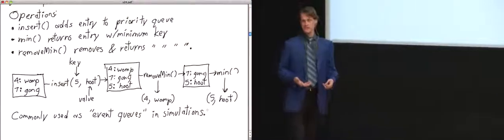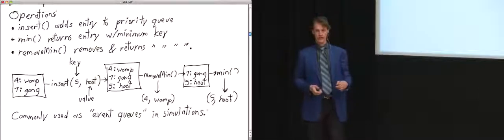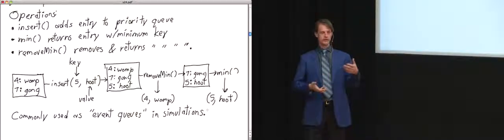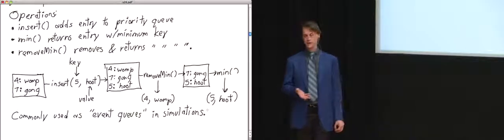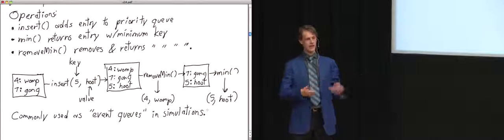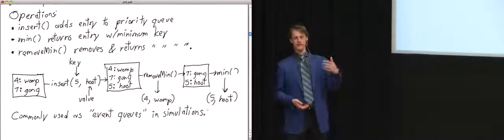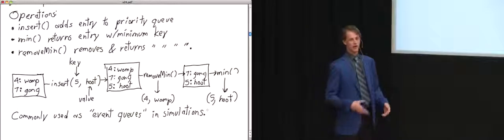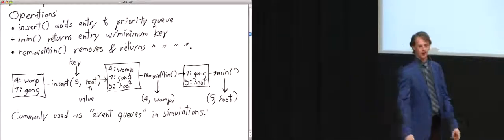One way to do that is to build a simulation where you add events to the event queue, like at time 0, the first floor starts burning. And then you can have rules for adding new events to the queue, such as when the fire gets this big, somebody calls the fire department. 3 minutes after the fire department is called, the first fire truck shows up. 12 minutes after the first floor starts burning, the second floor starts burning, and so forth.